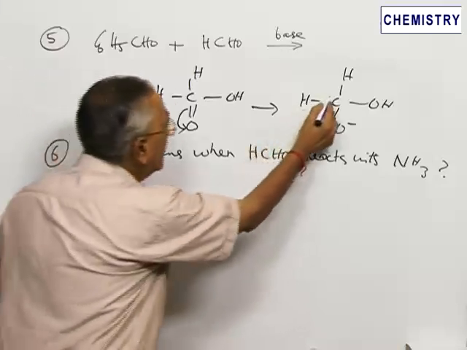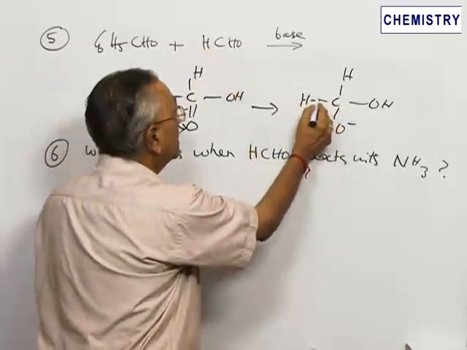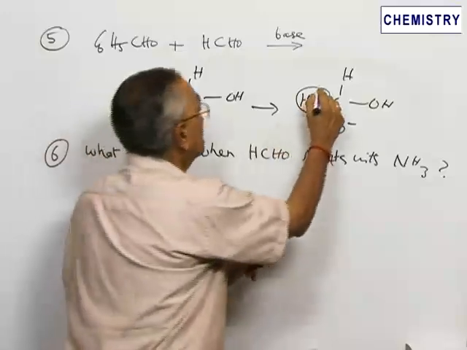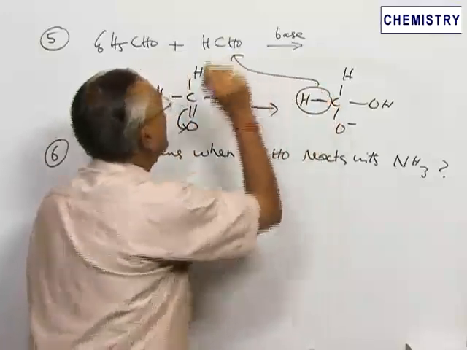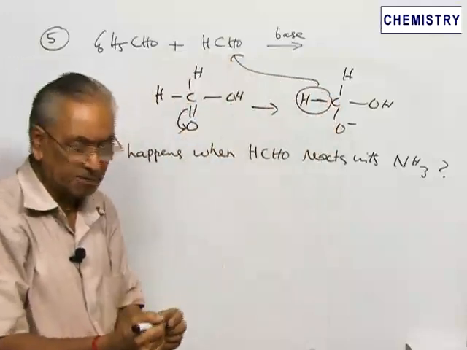Now, one hydride shift occurs. Another molecule of formaldehyde will be waiting, and it is not a hydrogen shift, it is a hydride. That is, hydrogen with a pair of electrons will shift to another molecule of formaldehyde, and then further reaction proceeds, leading to disproportionation.